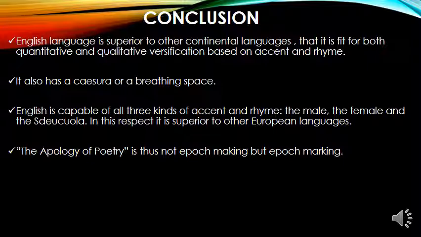Thus, he says that the Apology of Poetry is not epoch making, but epoch marking.